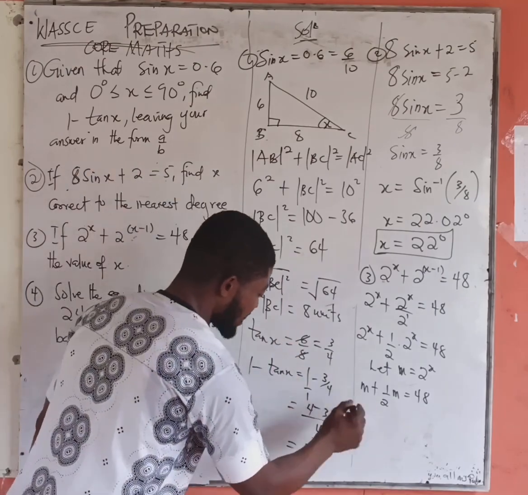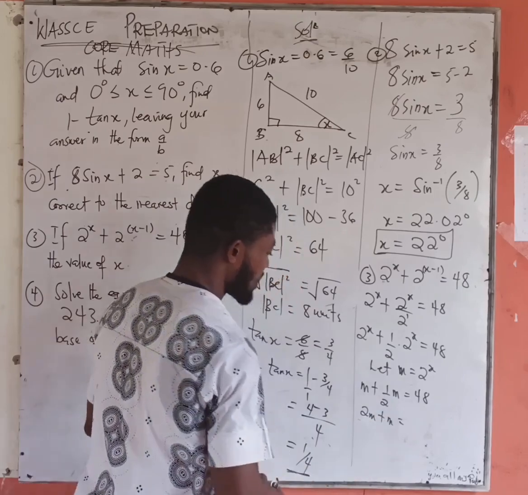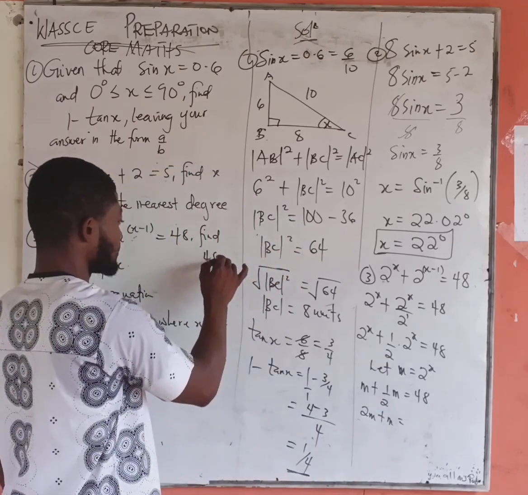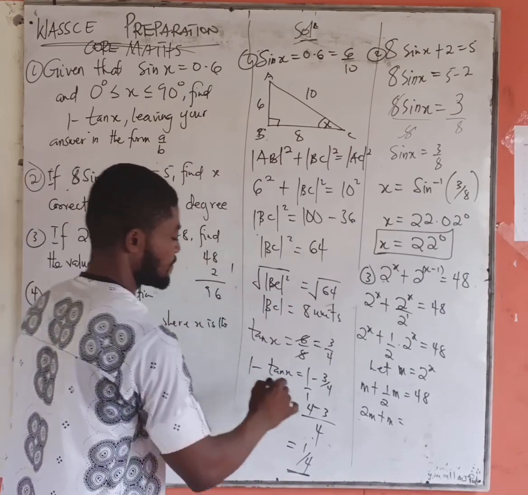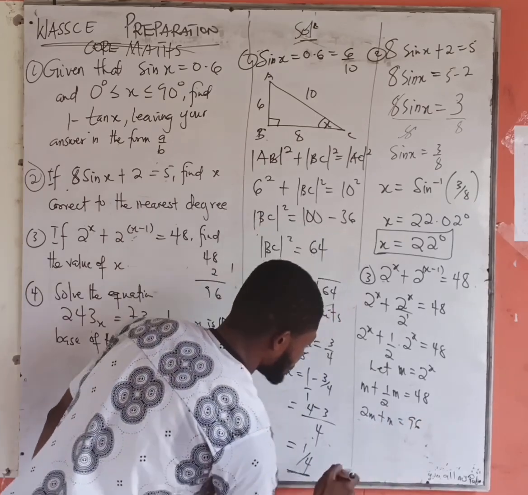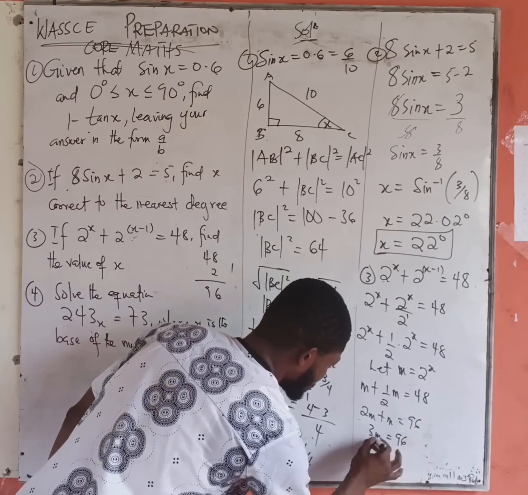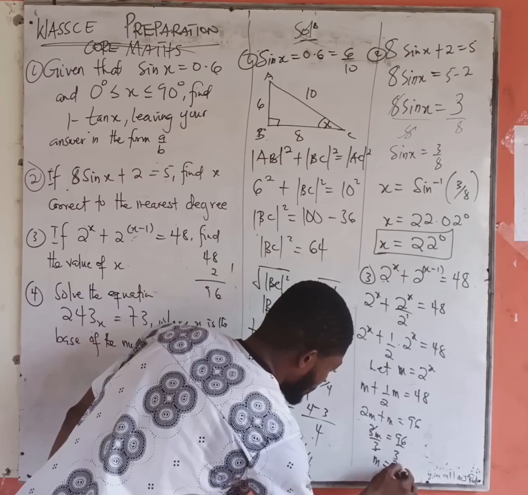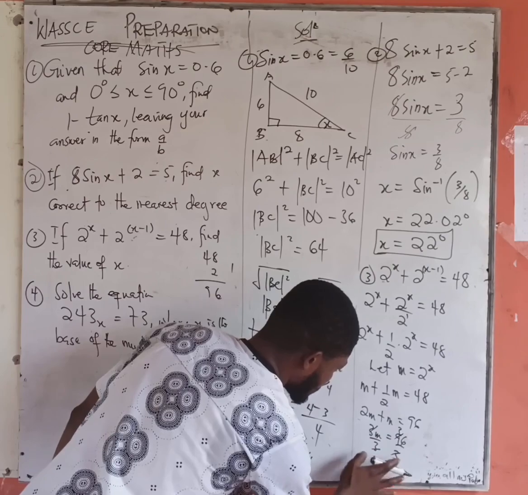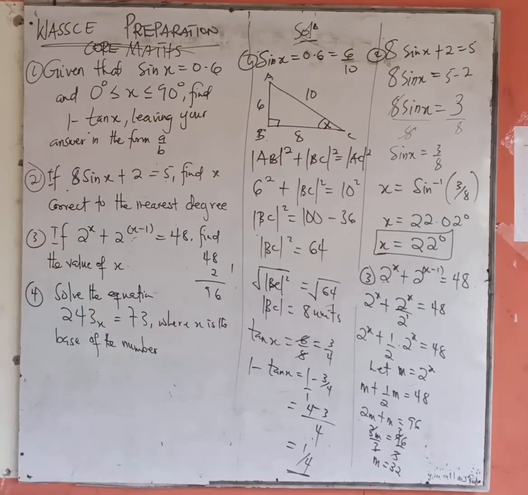So if I do so, I get 2m plus m is equal to, so 48 by 2, 16. So m will be equal to 32.